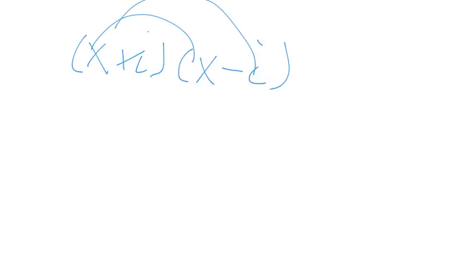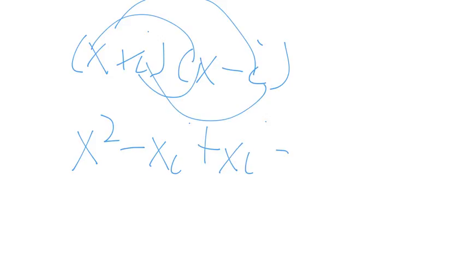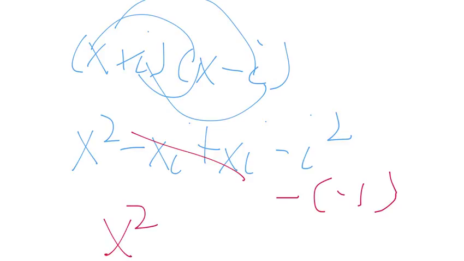You'd have x squared minus xi, then plus xi, then minus i squared. Those would cancel out. i squared is negative 1, so minus negative 1 means you'd have x squared plus 1.